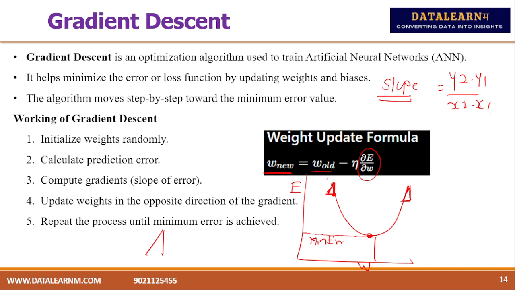If I consider this one, you can easily calculate this. Obviously, it will have some x coordinate and y coordinate, correct? So what will be the x coordinate and y coordinate for this? Just try to calculate this. On one side, it will have a negative slope. On the other side, it will have a positive slope.